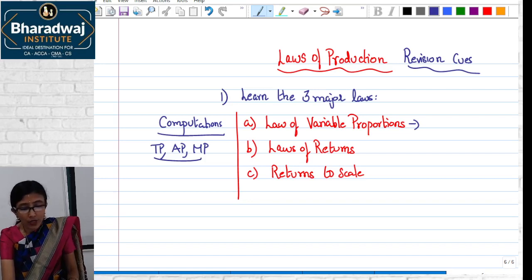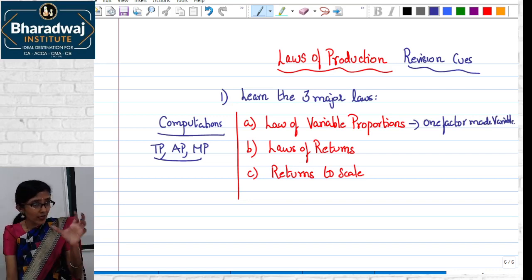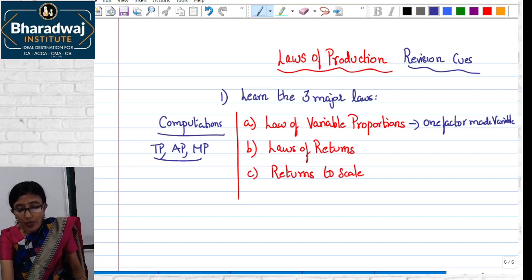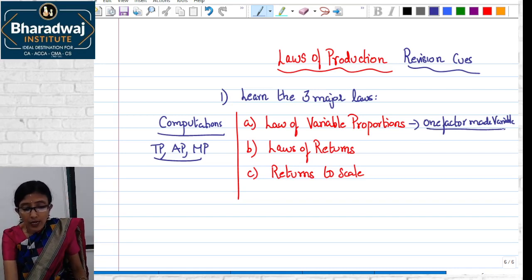Now, variable factor: one factor made variable or kept variable, all others fixed. This is a Q sentence. One factor, you will be asked to identify the law from the meaning of the statement which they give. One factor made variable and all others fixed.